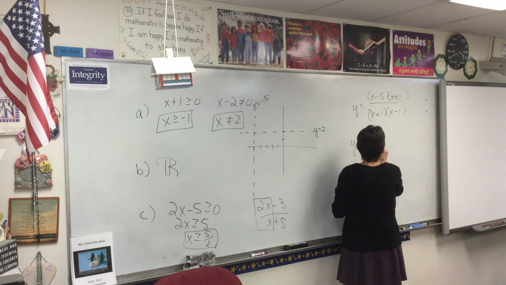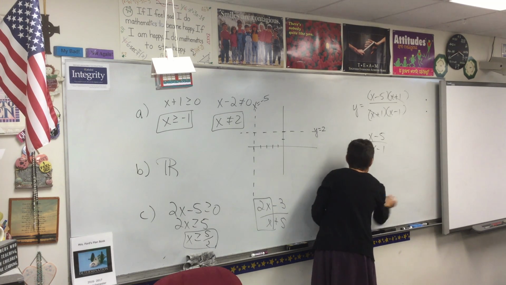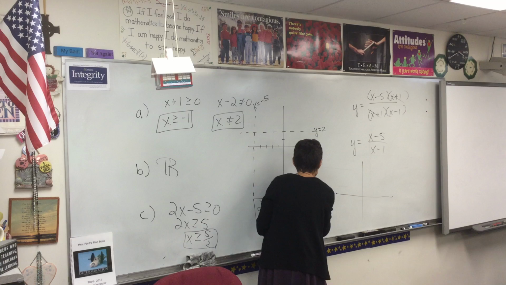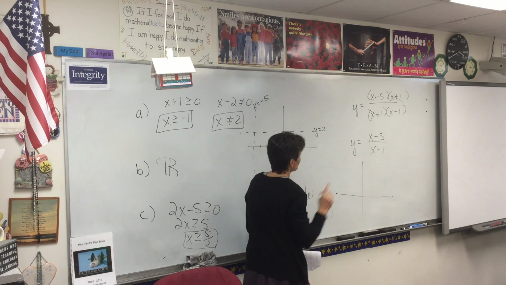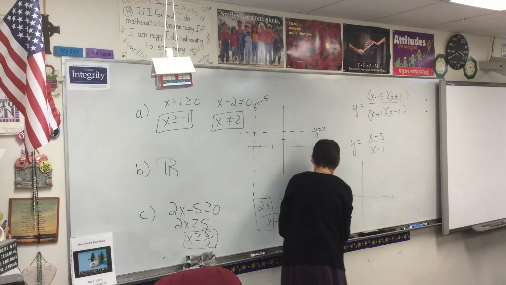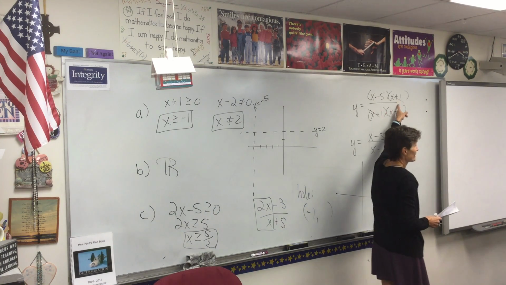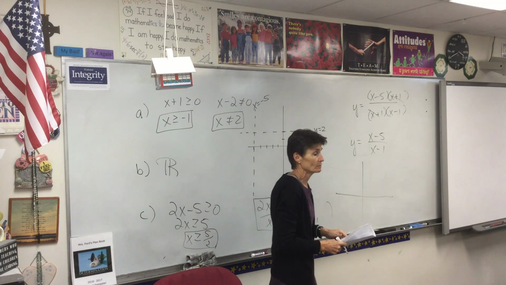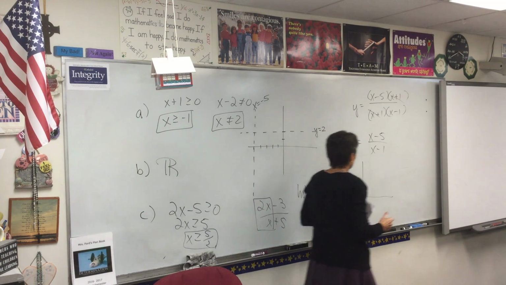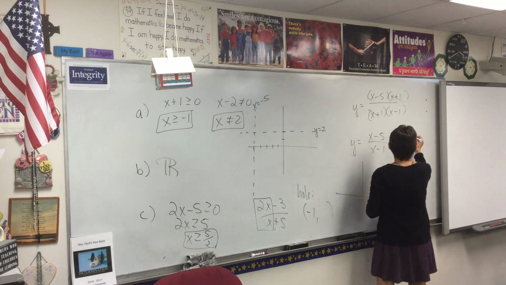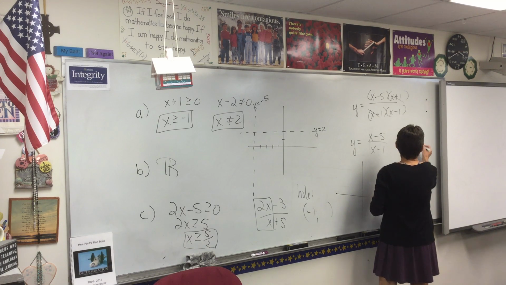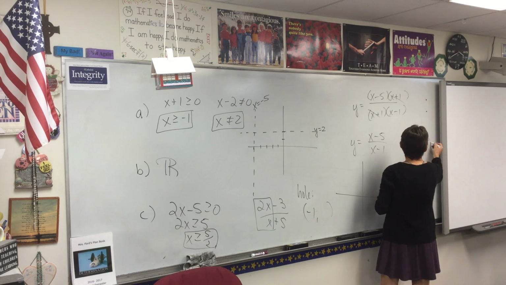And the hole is going to be where? It's going to be a point. x is negative 1, because that's what canceled out. I don't know the y, I gotta plug it in. So negative 1 minus 5 over negative 1 minus 1. I got negative 6 over negative 2.